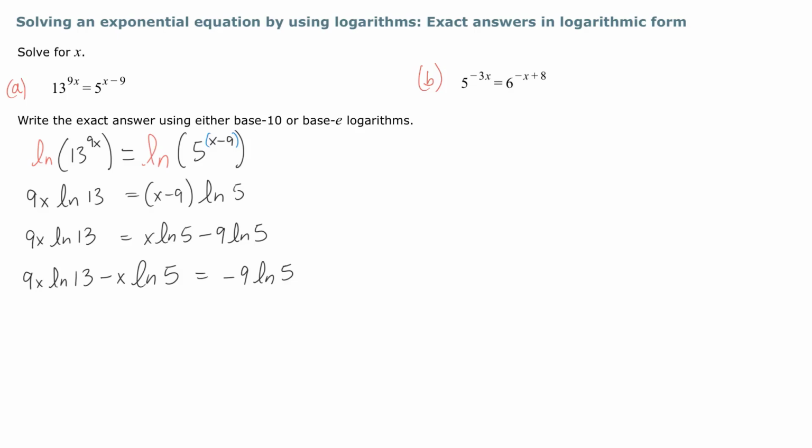We have a greatest common factor here of x. So why don't we simplify that? We have x times 9 natural log of 13 minus natural log of 5 is now equal to negative 9 times the natural log of 5.